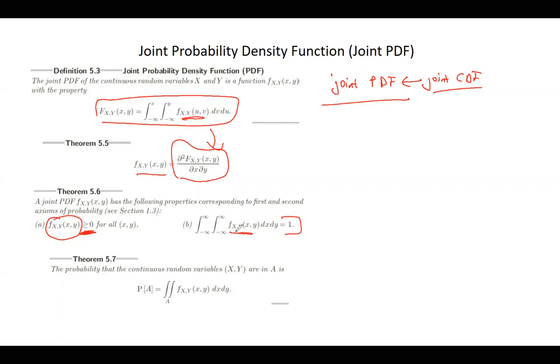So the area of this joint PDF is always unity. For any random variable pair x and y, we can define a set, an area, and the probability of that area can be written in terms of joint PDF with this formula.